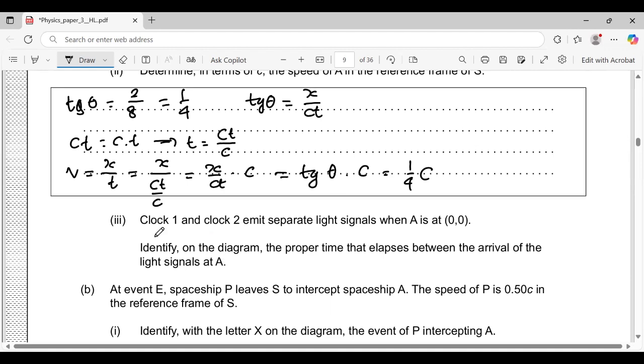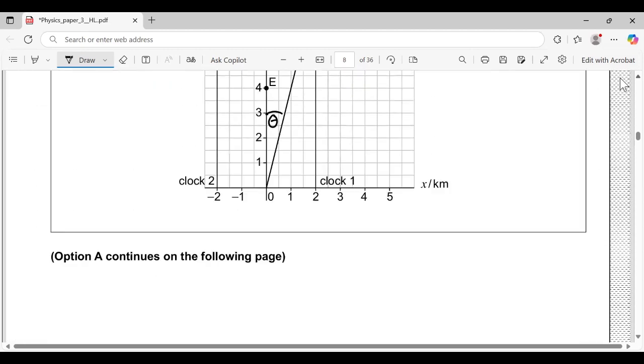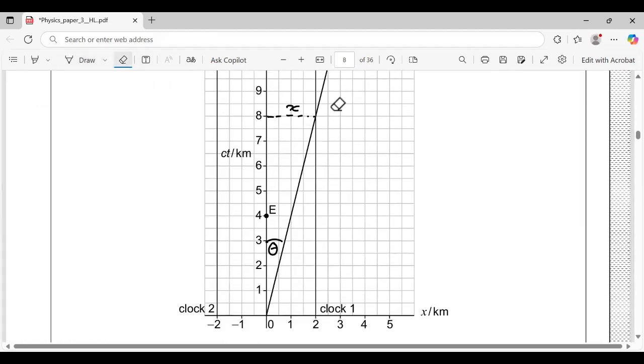Next question. Clock 1 and clock 2 emit separate light signals when A is at origin (0, 0). Identify on the diagram the proper time that elapses between the arrival of the light signals at A. I would like to clarify this first.